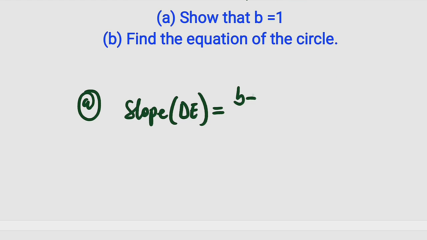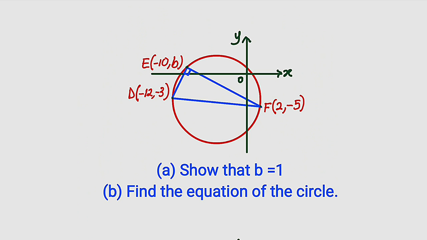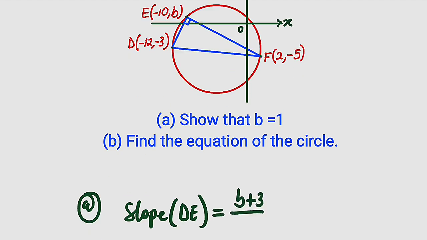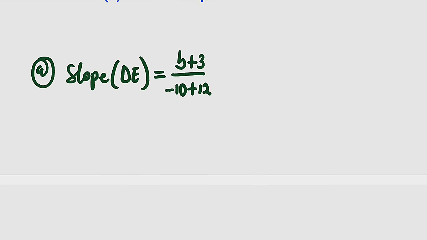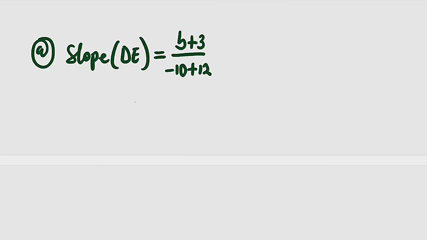Divide by X2, which is negative 10 minus 12, which is negative 10 plus 12. Now let us simplify this. B plus 3 divided by negative 10 plus 12 will give us 2. Hence, this is the slope of the line DE.